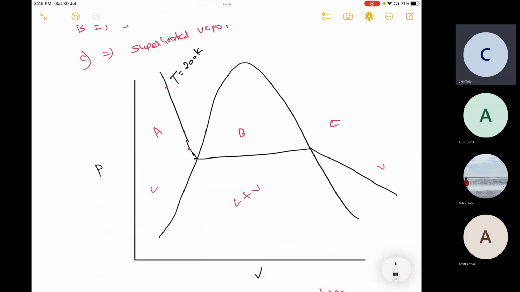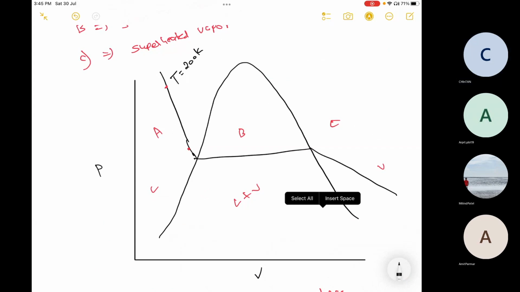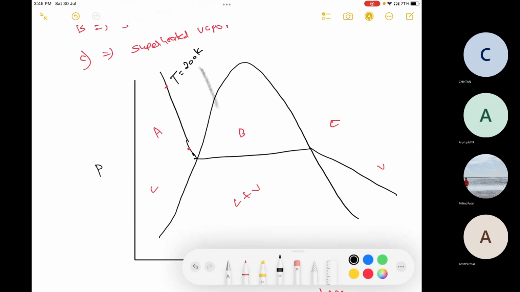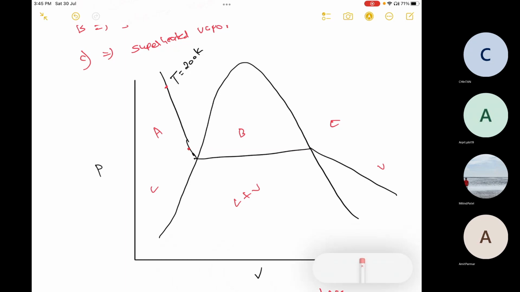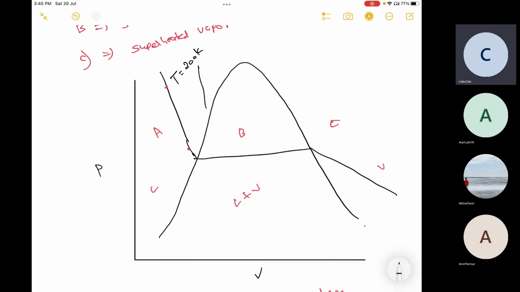Let's consider another temperature line. This is very important because they can directly ask this kind of question. This is a standard 12th question again. This is at a temperature, let's suppose 300 Kelvin. This is at 200 Kelvin.